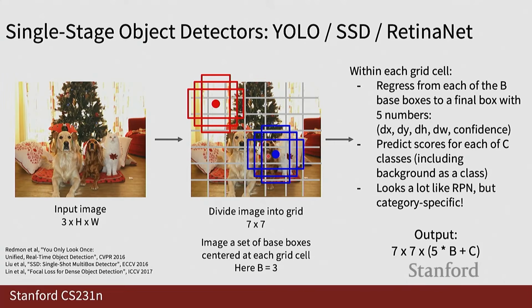And that's why there have been advances after these using single-stage object detectors, SSDs, and one of the most popular ones is called YOLO. If you work with any computer vision problem, you've heard about YOLO.